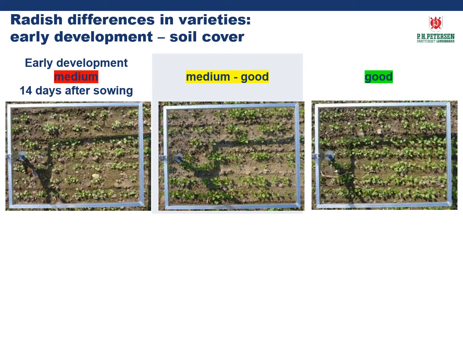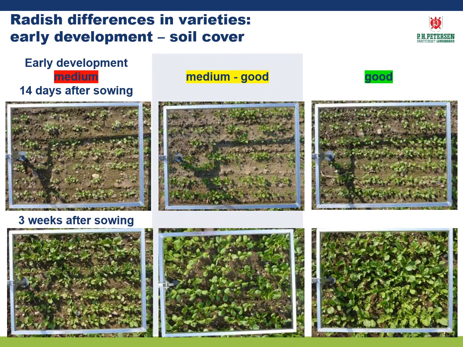Here we have 3 examples of fodder radish in the early development, one variety with a medium early development, in the middle medium to good soil covering and good soil covering, and all the pictures are taken 14 days after sowing, and you see good soil covering gives early shadowing of the soil.